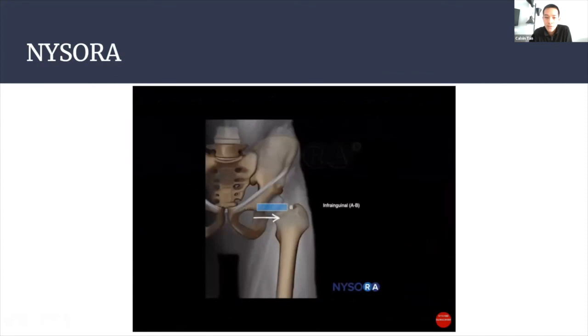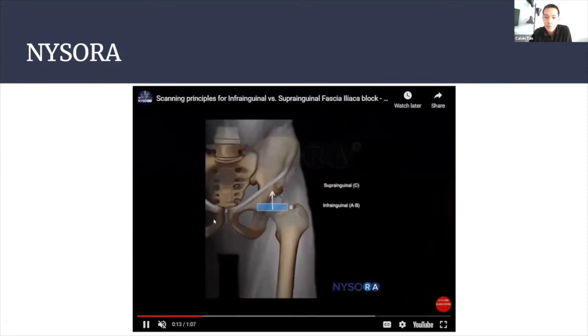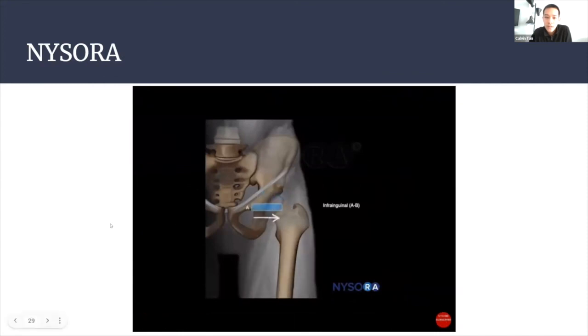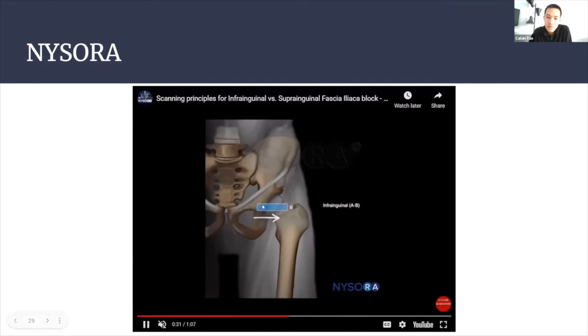So again, infrainguinal, you move from the medial third to the middle third. There are different ways of how you approach it. But eventually, this keeps going. You slide to that middle third, and then, wow, this is a lot slower without sound.